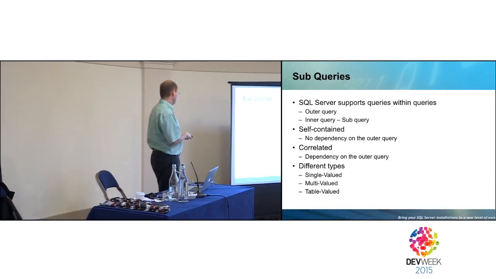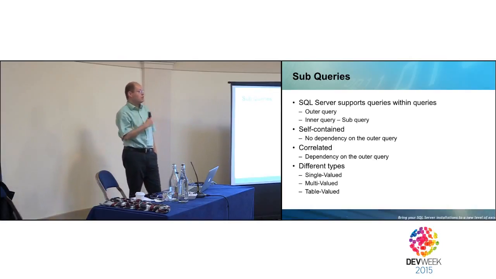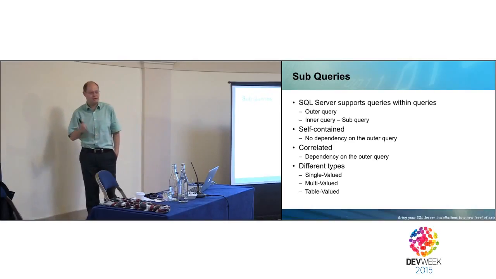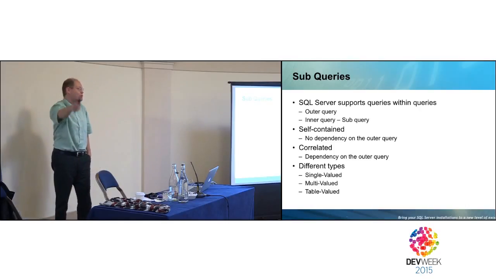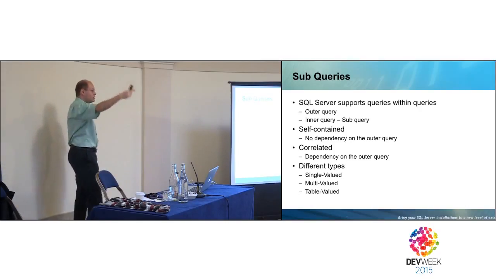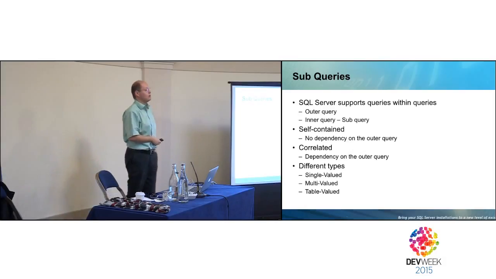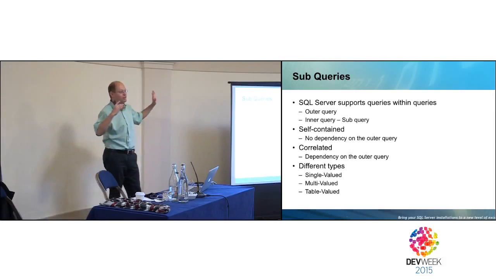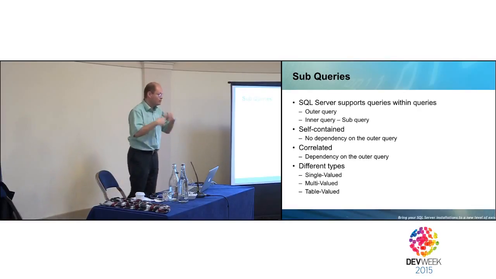On the other hand, we have so-called correlated subqueries, means the inner query has a dependency to the outer query. Means from a logical perspective, the correlated subquery is executed for every row from the outer query. But as we will see here, the query optimizer can do again amazing things. It doesn't mean that the correlated subquery has to be executed for every row on the physical level.